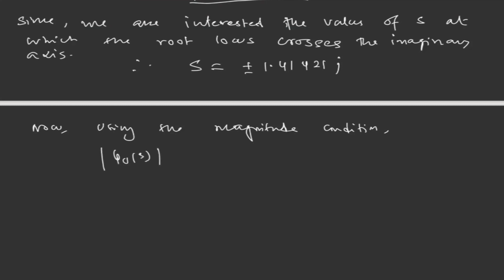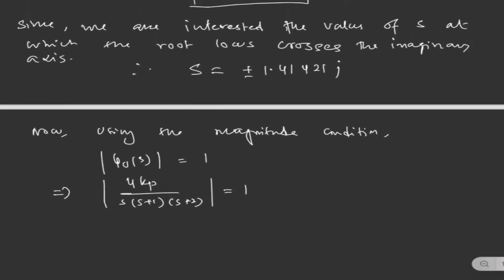The magnitude of the open loop transfer function should be equal to 1, and from this we can write 4Kp divided by s into (s plus 1)(s plus 2) equal to 1.